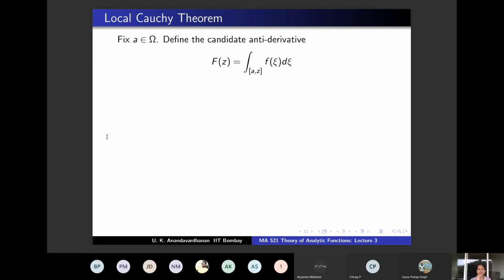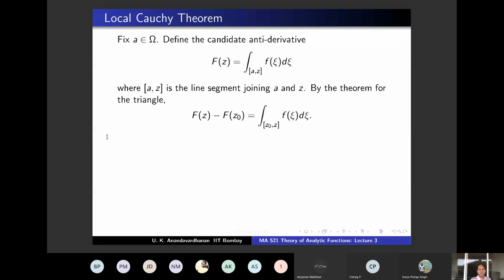Why can you have a straight line joining A and z? Because you are in a convex domain, so any two points can be connected by a straight line. So this is your candidate. Now consider F(z) minus F(z naught). That will be the integral from A to z minus the integral from A to z naught. But that is nothing but the integral from z naught to z.